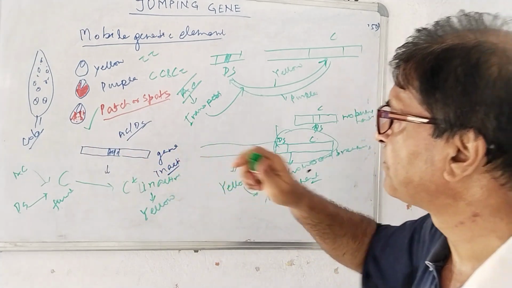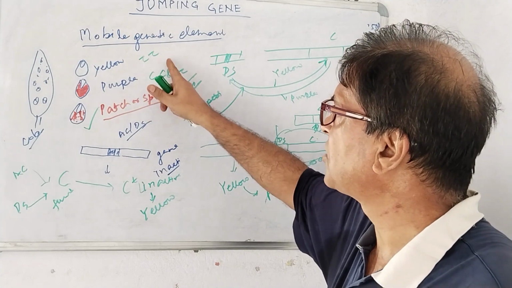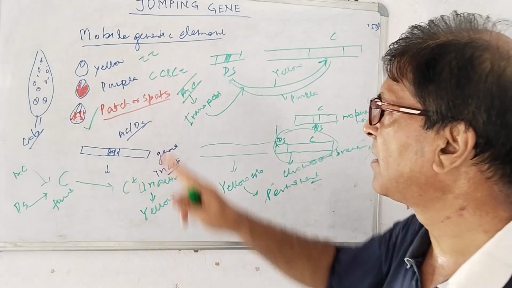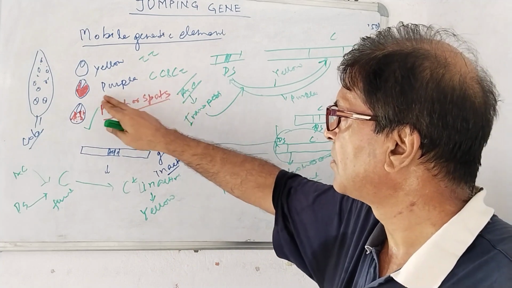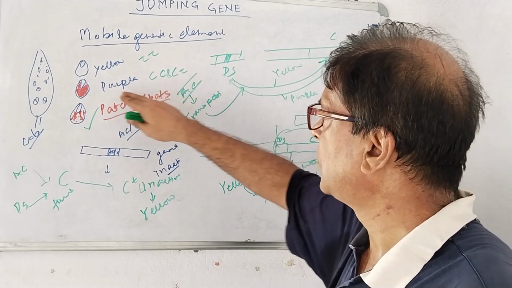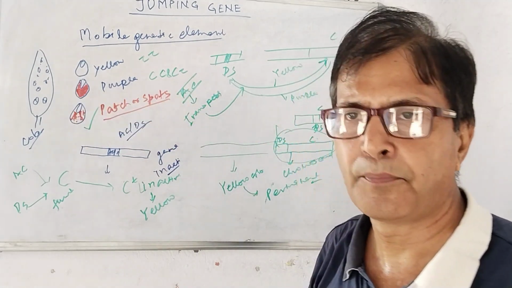Here you will find that yellow coloration is due to lack of pigment. Purple coloration is due to the presence of pigment.